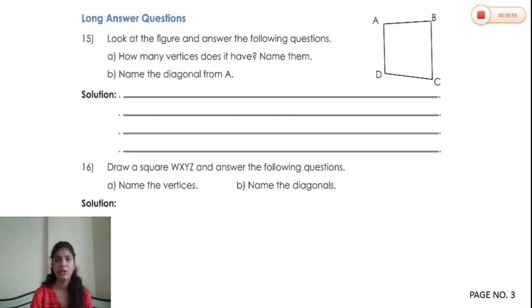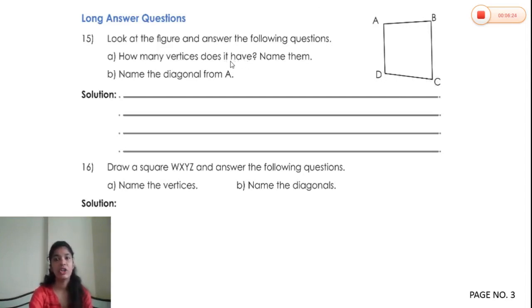As we know, the corner points are the vertices. So in this figure, what are the vertices? Yes, point A, point B, point C and point D. So how many vertices are there? 4 vertices.